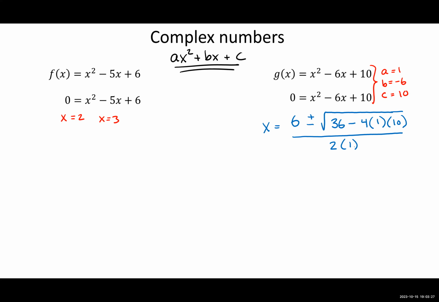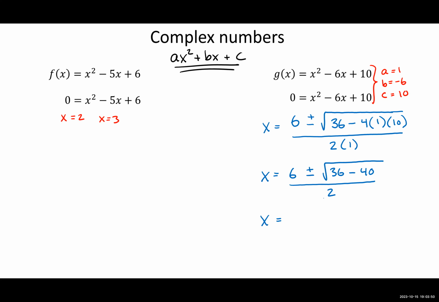Okay, so let's simplify if we can. That's 6 plus or minus, well, what's going on under the square root? That's 36 minus 4 times 1 times 10, which is 40, so 36 minus 40, all divided by 2.